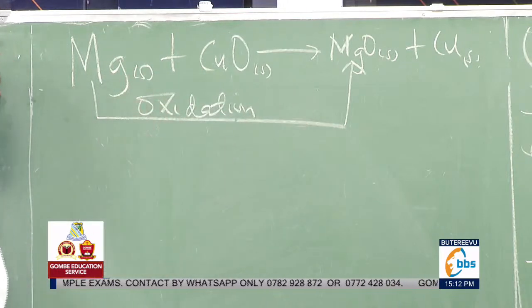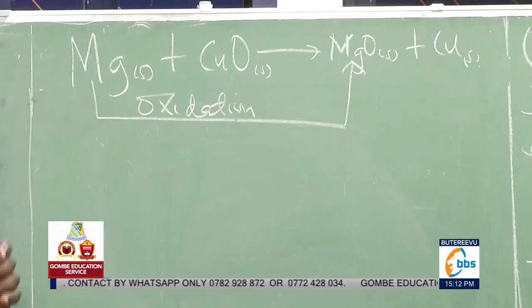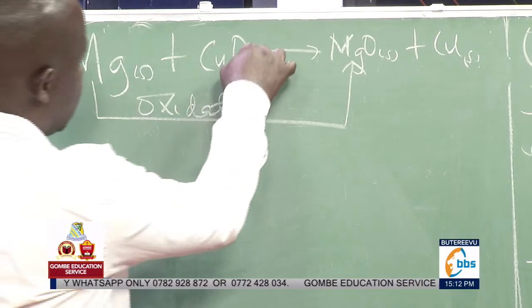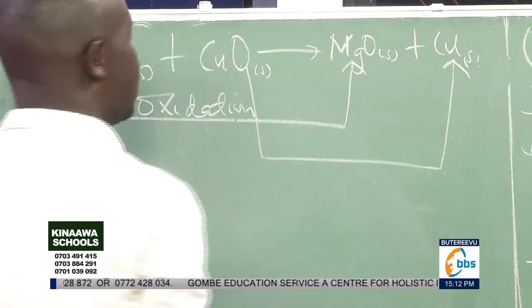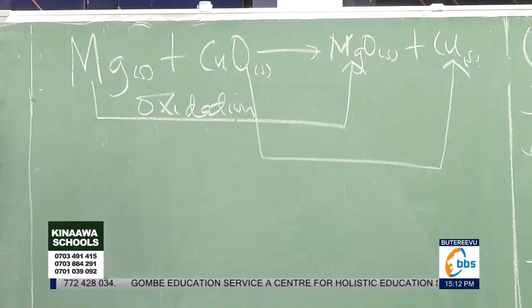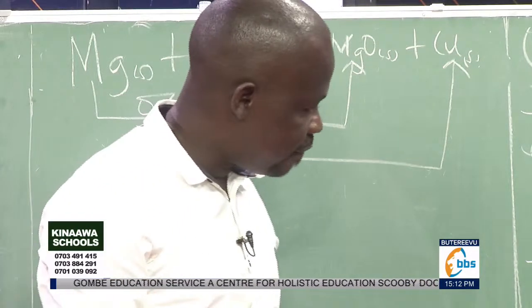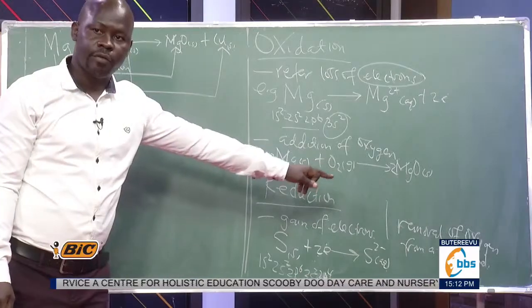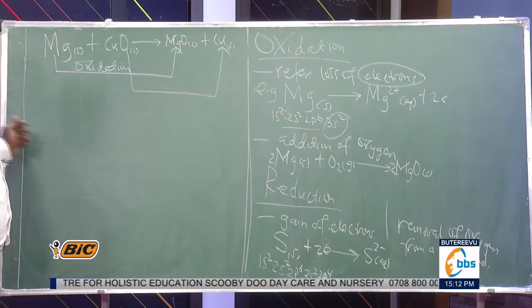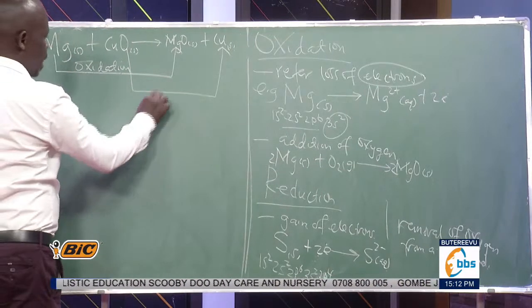That one is called oxidation. At the same time, in the same equation, this copper oxide loses its oxygen and becomes copper. And from our definition, reduction is the removal of oxygen from a compound.